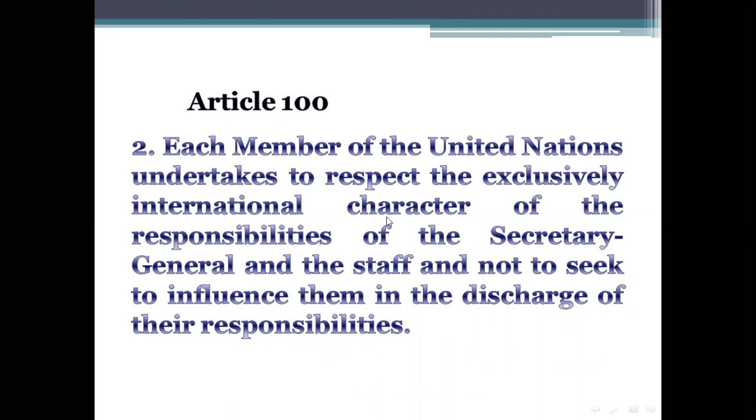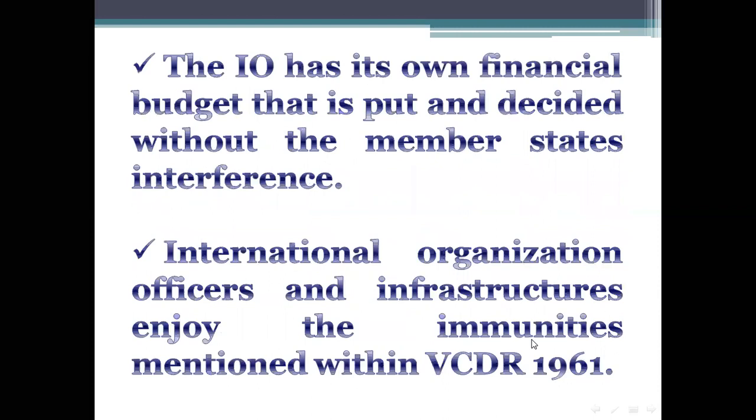This is a message directed to the state: if you have subjects or citizens who are working for the sake of an international organization, please do not seek to influence your workers or your citizens when they are working for the international organizations and discharging their responsibilities.